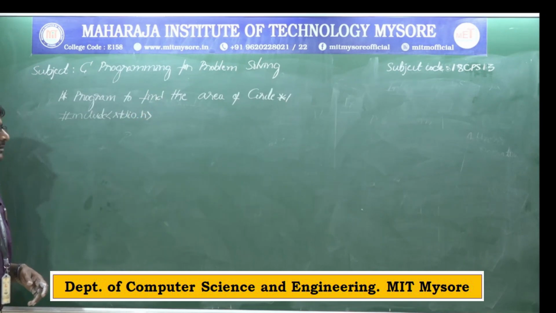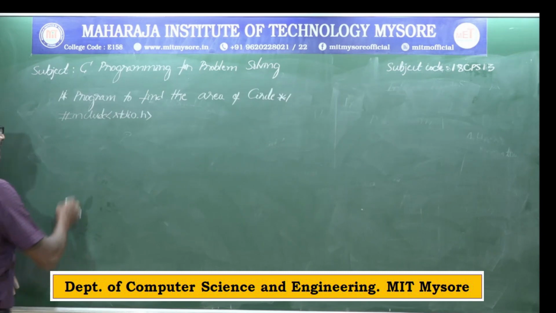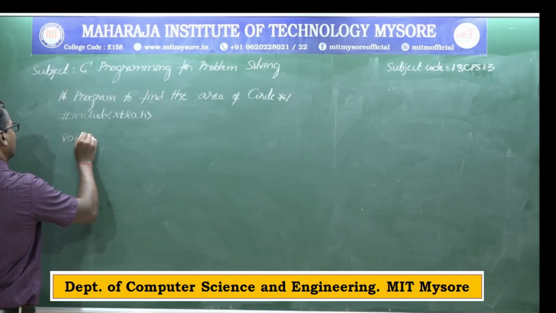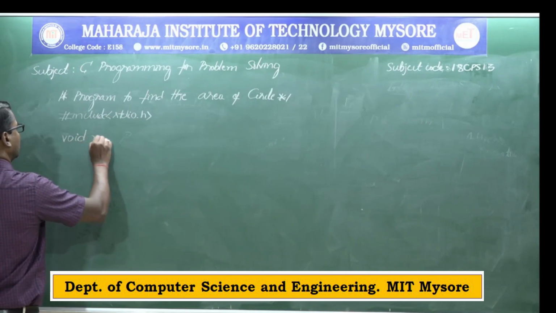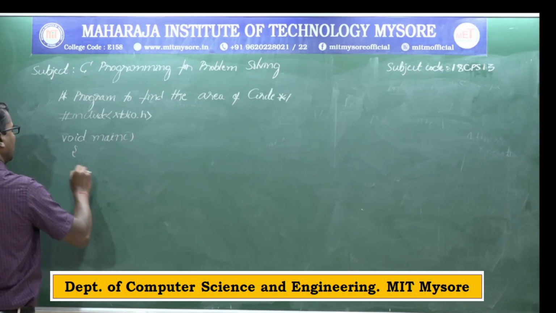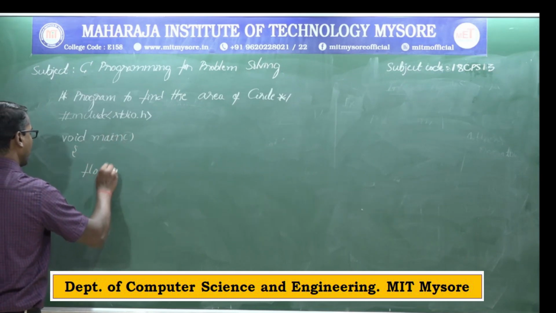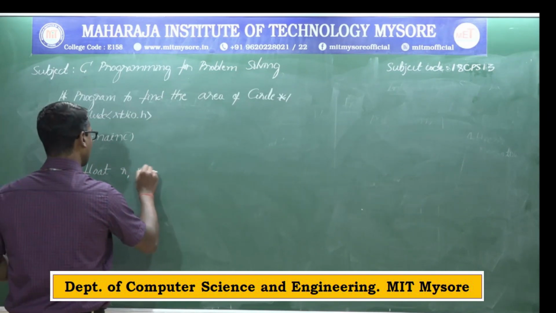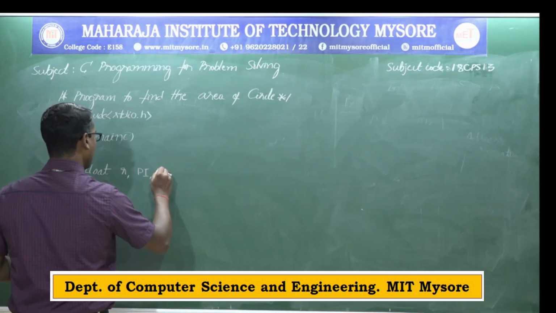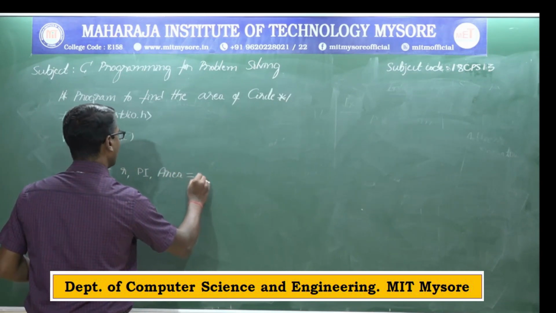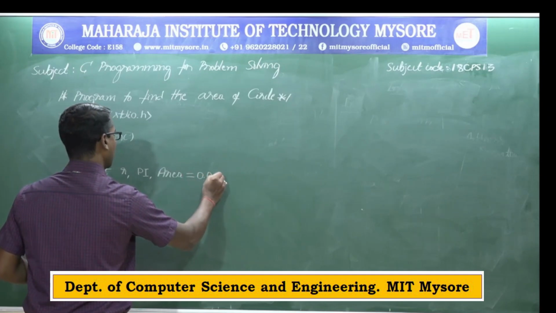Include stdio.h, that is file inclusion, that is the link section. Void main. Float r, pi, and area is equal to 0.0.